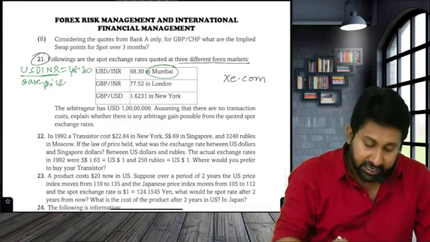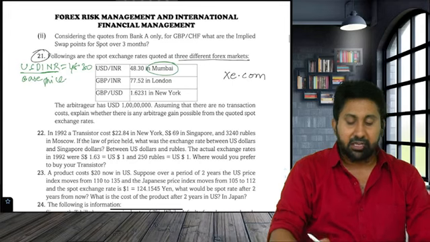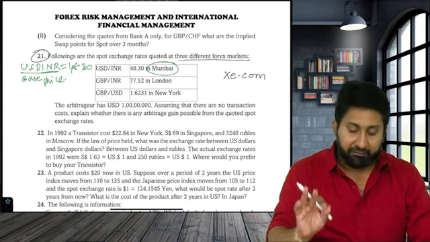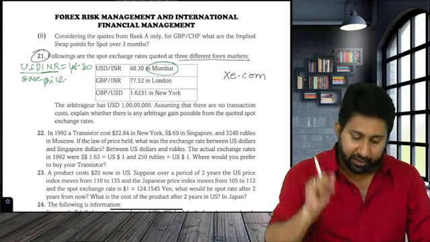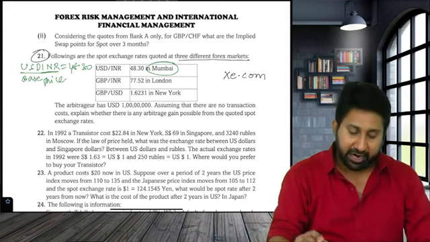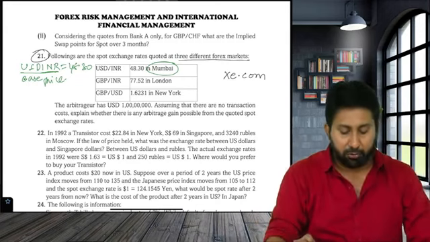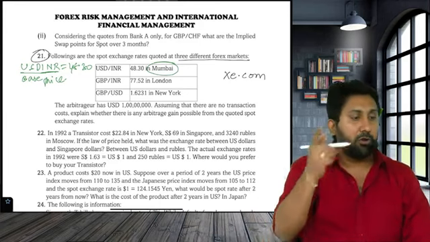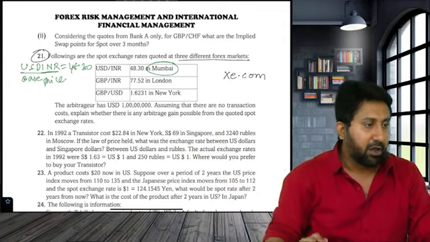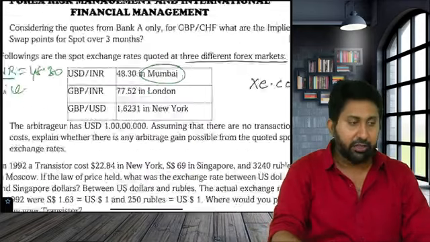Next, GBP by INR. That means for 1 pound we are getting 77.52 rupees in London. In the New York exchange market, 1 pound to US dollars. That means 1 pound equal to how many US dollars are we getting in New York? 1.6231 in New York.